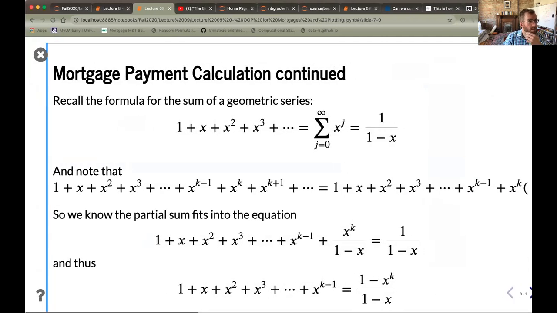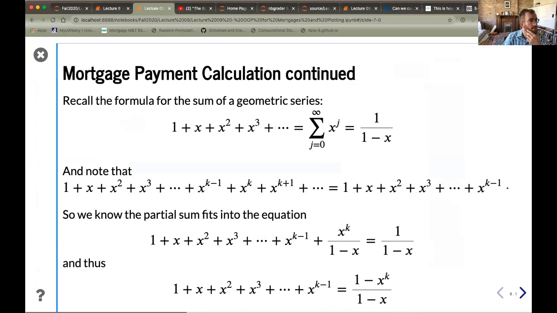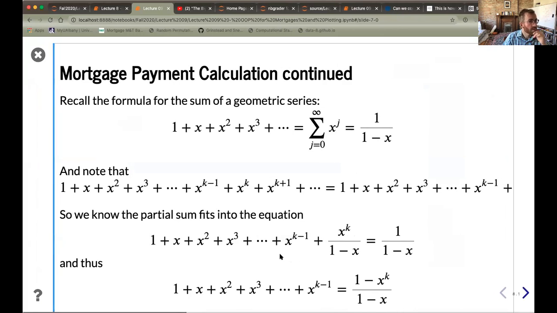So by rearranging terms, we end up getting that 1 plus x up to x to the k minus 1 is equal to, bring this over to the right-hand side, they have a common denominator, and so now we have 1 over 1 minus x minus x to the k over 1 minus x. That's what happens when we combine the numerators. So here's an important formula.